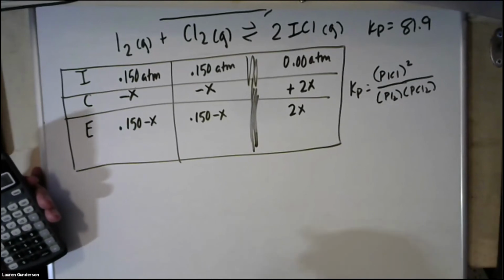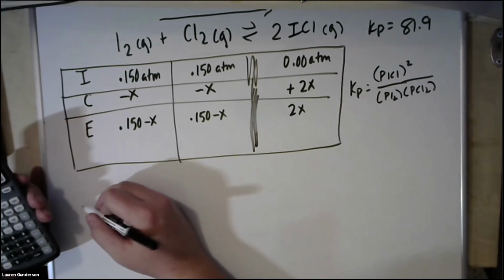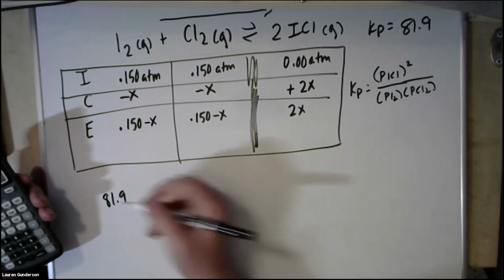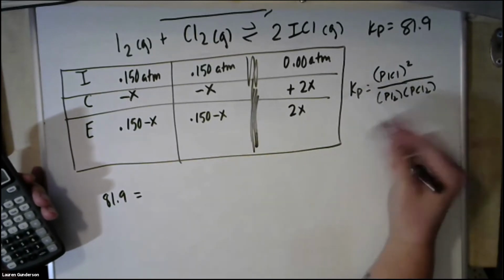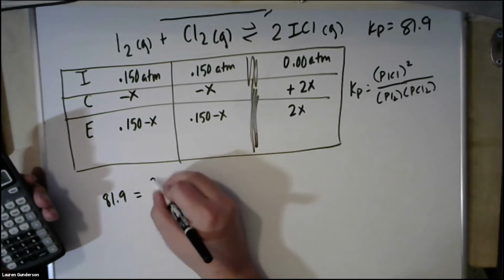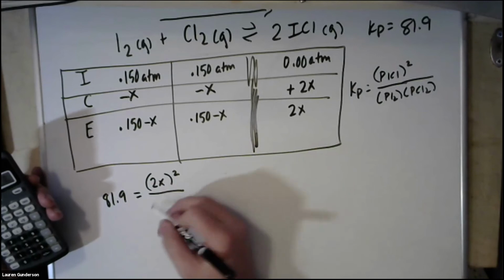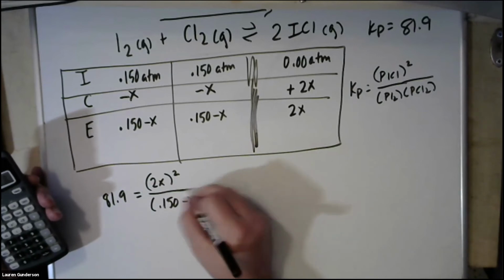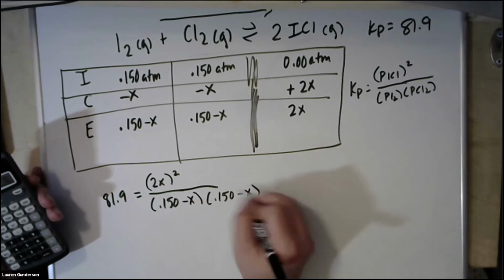All right, so we're going to plug in for this Kp expression. So 81.9 equals the ICl value squared, so 2x squared, over 0.150 minus x times 0.150 minus x.